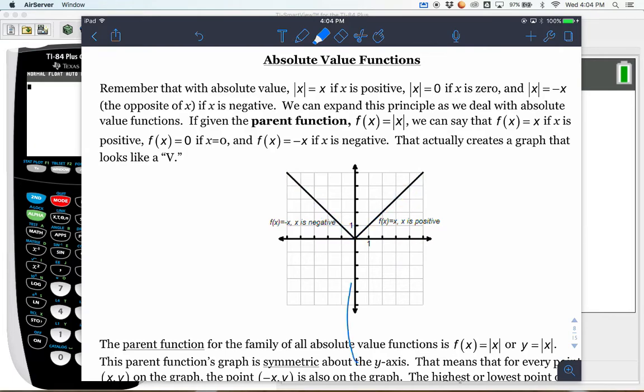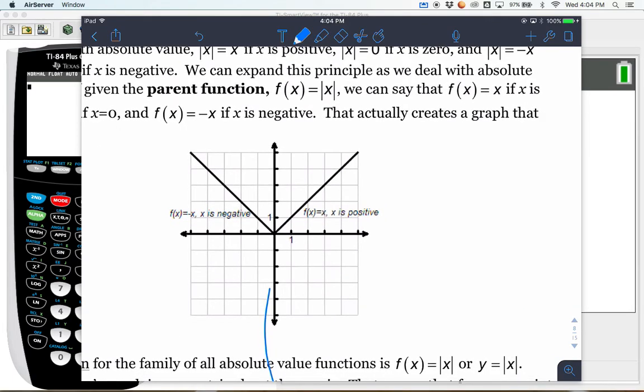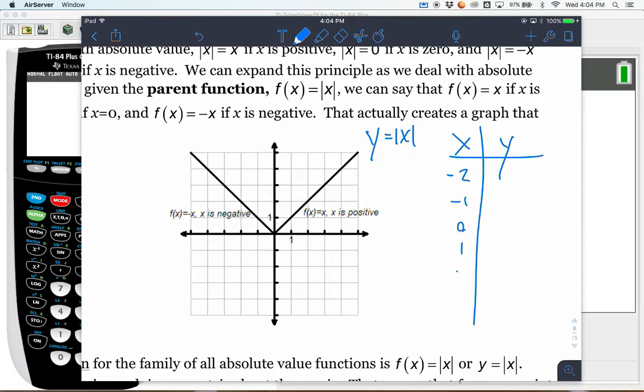If you were to make a table, which is what I'm going to do to show this first example, the absolute value of x, we're going to graph a few points to see where the shape comes from. We can do numbers like -2, -1, 0, 1, and 2.